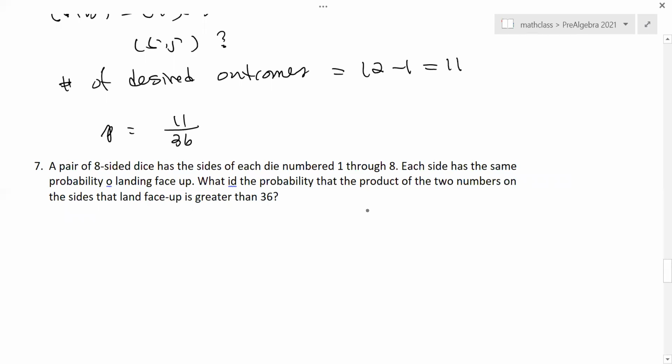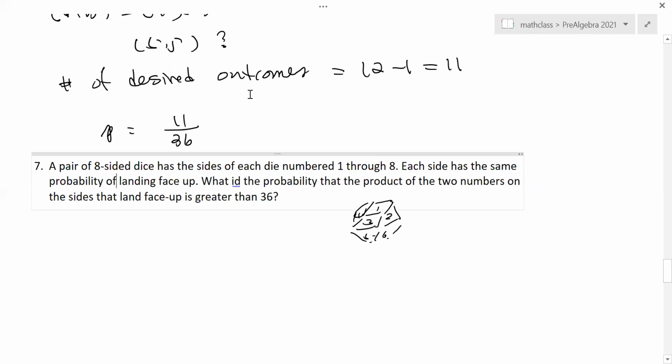Each side has the same probability of landing face up. What is the probability that the product of the two numbers on the sides that land face up is greater than 36?